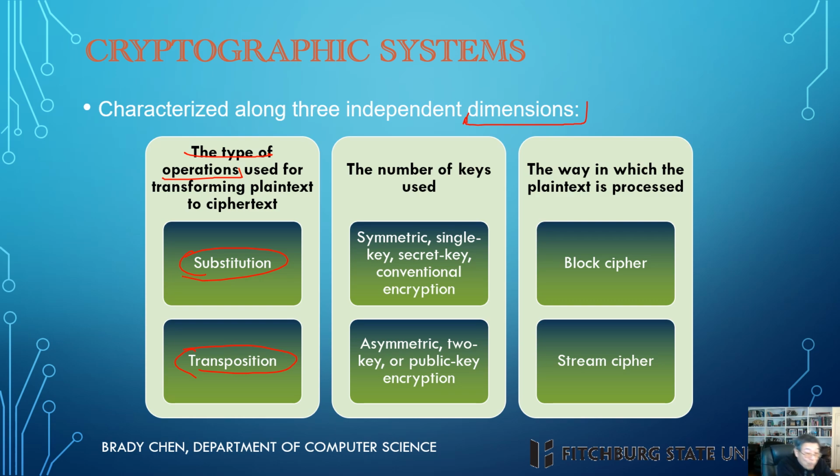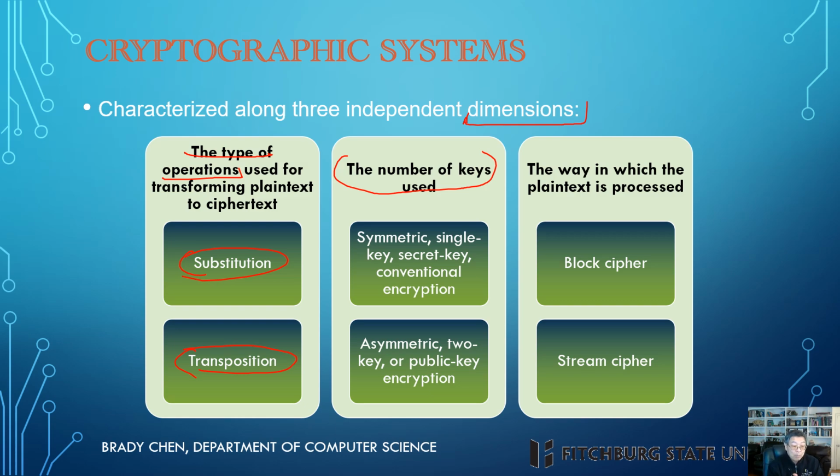Now, the second aspect is the number of keys used. We already talked about symmetric, single key, secret key, and conventional encryption. For the symmetric system, it's always a single key, and that single key is a secret key. We have talked about this in the earlier slides.